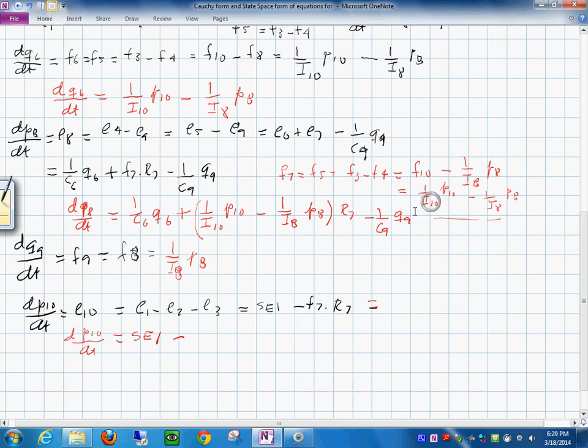Yeah, we already calculated over here. So this would be 1 over I10 P sub 10, and then you have minus 1 over I sub 8 P sub 8. And those are the 4 equations. So now all we gotta do is to put them in state space form.